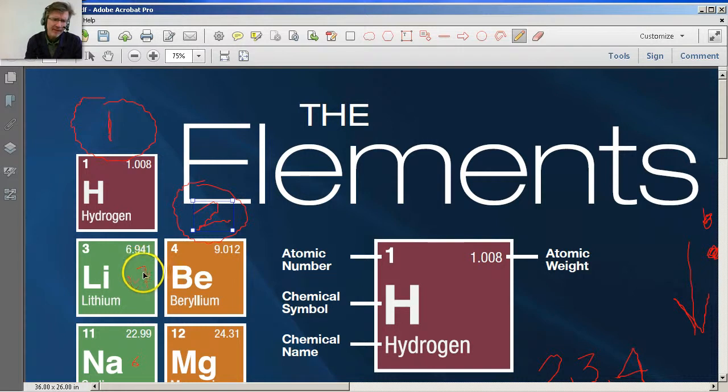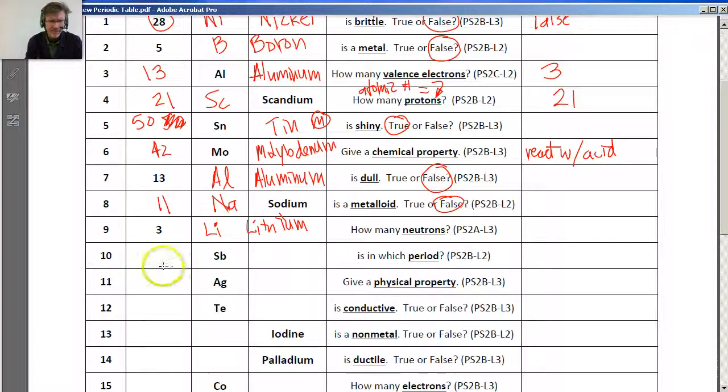So the atomic mass is equal to the number of protons, which is 3, plus the number of neutrons. So 3 plus something equals 7. What's the something? 4. Lithium has 4 neutrons.